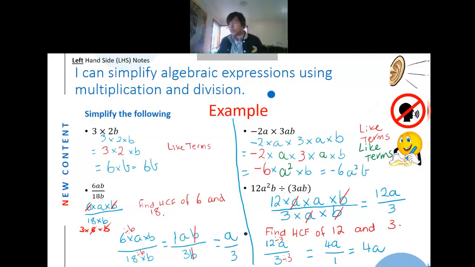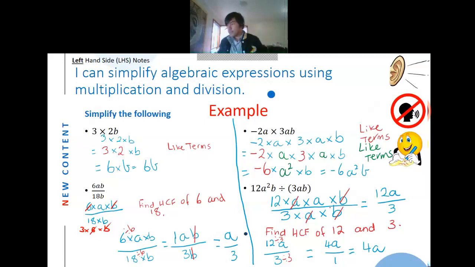Okay, so the way that we're going to do this is first we are going to rewrite this as a fraction. Remember, we can rewrite division as fractions. So we're going to rewrite this as 12. Now a squared is a times a times b, okay, and 3ab, we can rewrite that as 3 times a times b.